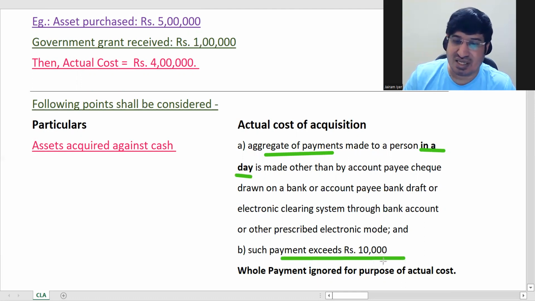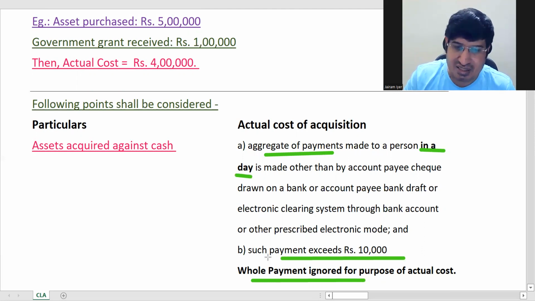If it exceeds 10,000, then that day's payment will not be counted. The whole payment is ignored. So if you have paid 50,000 in one day, the whole 50,000 will not be counted for actual cost.